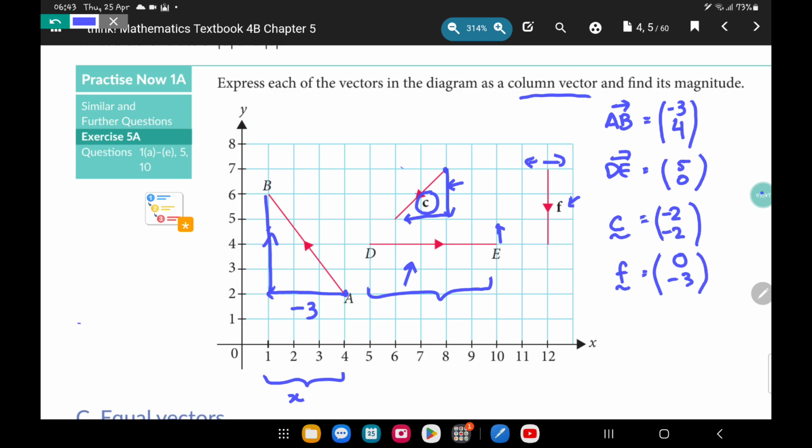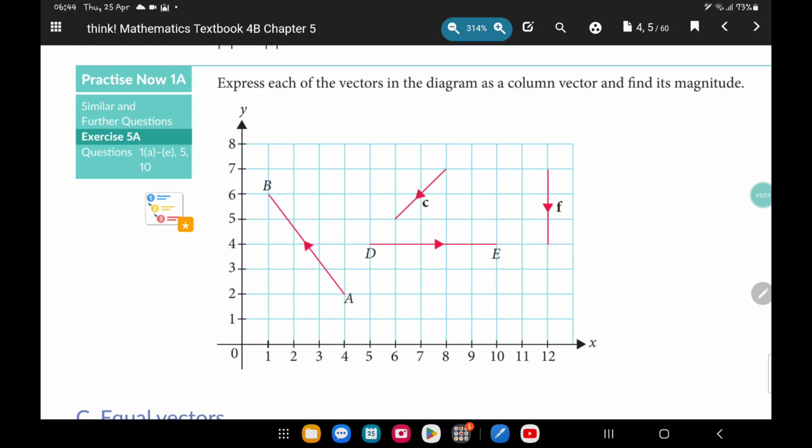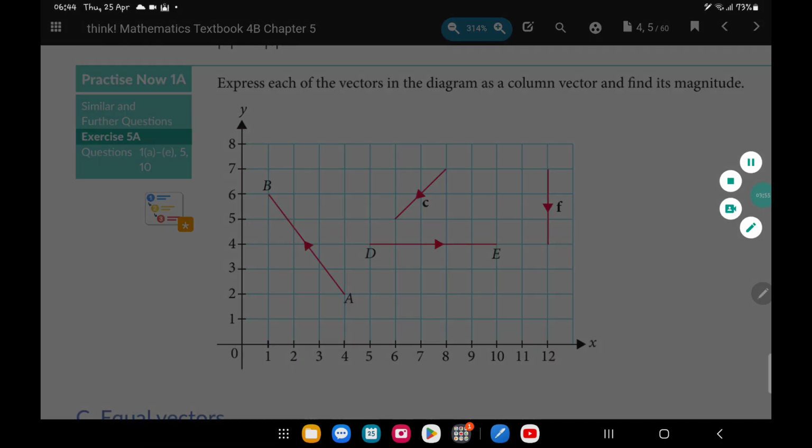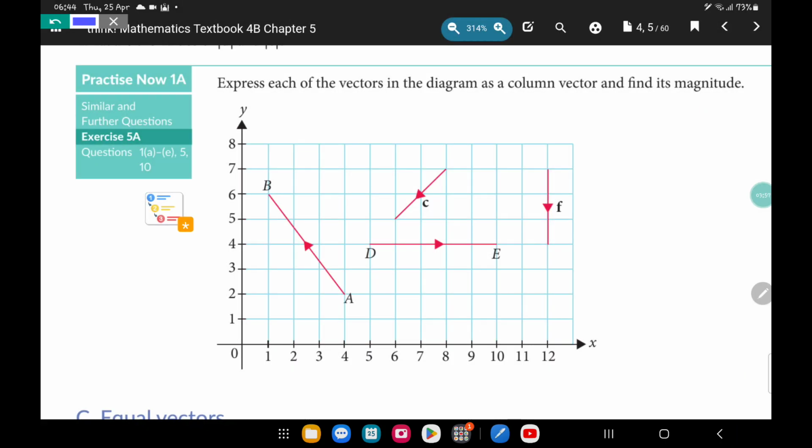Okay, for column vector. When I state find the magnitude, what does that mean? What we want to find for magnitude, remember yesterday we spoke about vector having distance and direction. Magnitude refers to the distance.